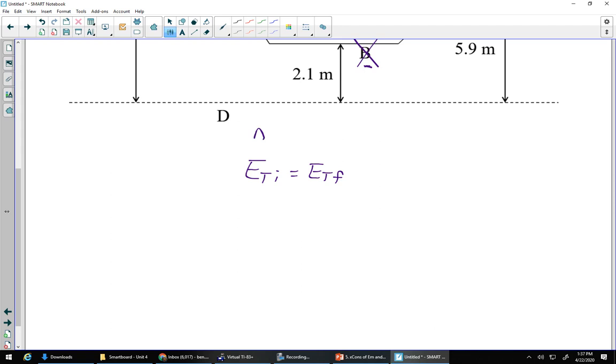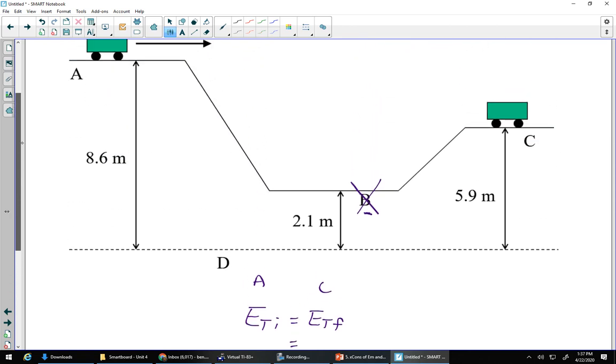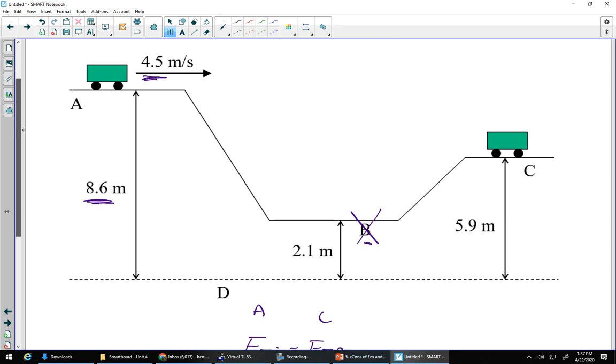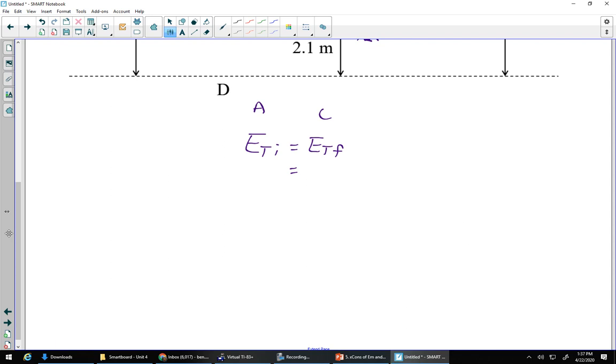And remember, we're just looking at A and C. We're skipping over the middle piece, B. So if I look at A and I'm looking at my initial side of the equal sign, I've got speed, so I know I have kinetic, and I've got height, so I know I've got gravitational. Cool, okay, so let's say EPG initial plus EK initial. So those should be my only two types of energy I have on my initial side of the equal sign.